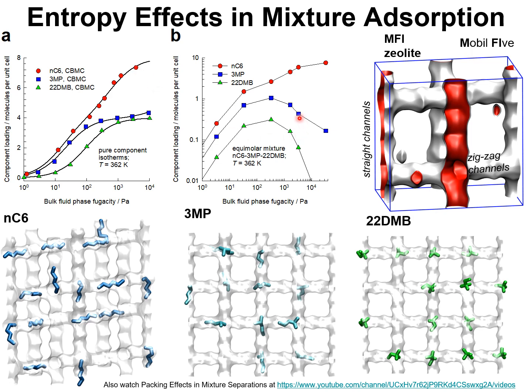Both monobranched isomer 3MP and 2,2-dimethylbutane, the dibranched isomer, are entropically challenged, and due to the entropic penalty, they lose the battle for occupying vacant sites with increasing bulk fluid phase fugacity.